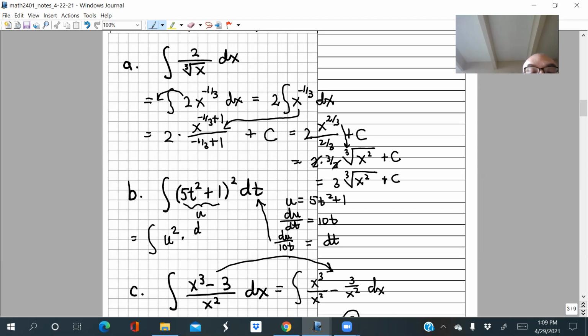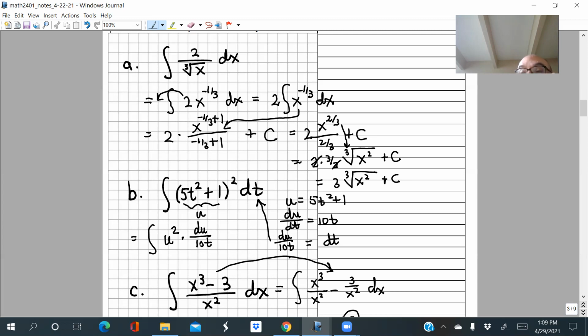And then I have, for my dt, du over, and darn it, here's where things go awry. I have du over 10t, because that's what dt is equal to. Now, the over 10, I can deal with that, because I can just bring out in front a 1/10. So I can get rid of the 10, but the t is not going anywhere, right? Because there's nothing to cancel with the t.